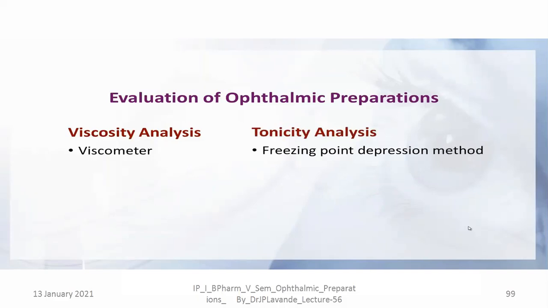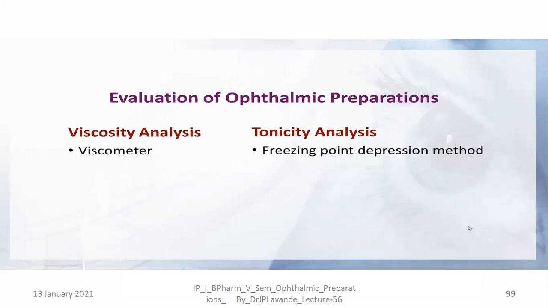Tonicity analysis, again, as I said, there is a significance of the tonicity, isotonicity, or the equivalence of the ions, right? Because that may lead to hypotonicity and hypertonicity, which will lead to the swelling and the shrinkage of the cells.